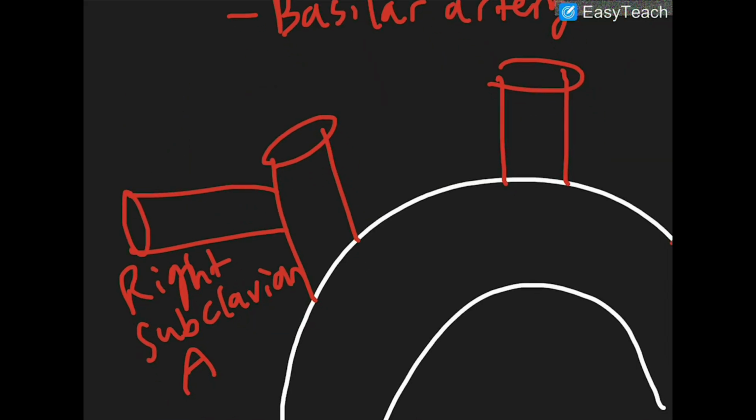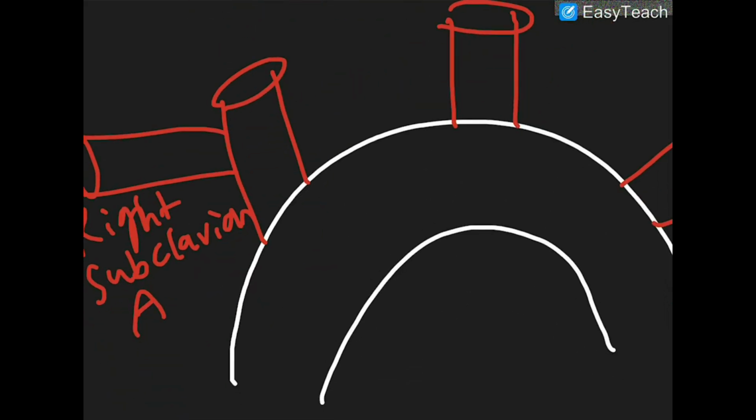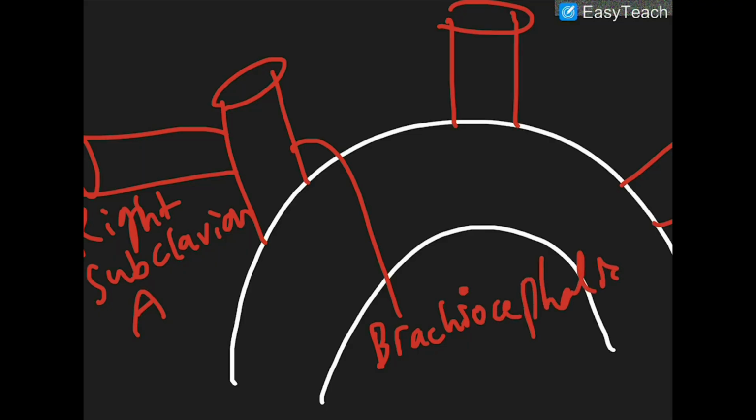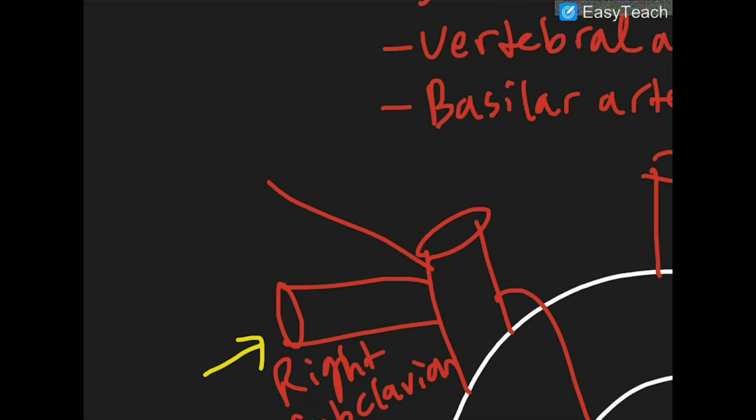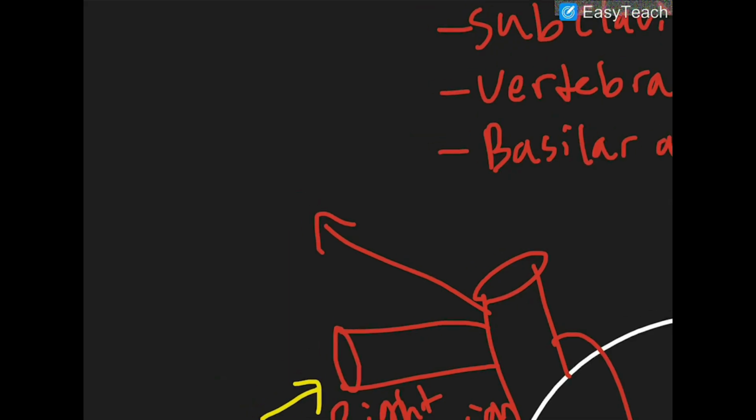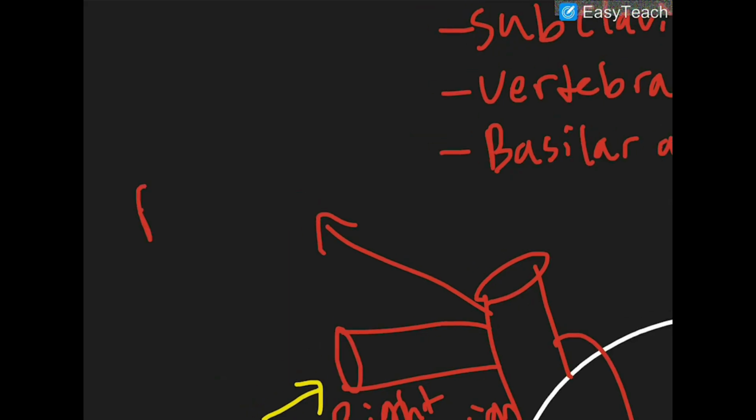This is your brachiocephalic trunk, and off your brachiocephalic trunk, we're going to have your right subclavian artery and your right common carotid artery. Let's draw a branch like that, indicating that another branch off the brachiocephalic trunk is your right common carotid artery.